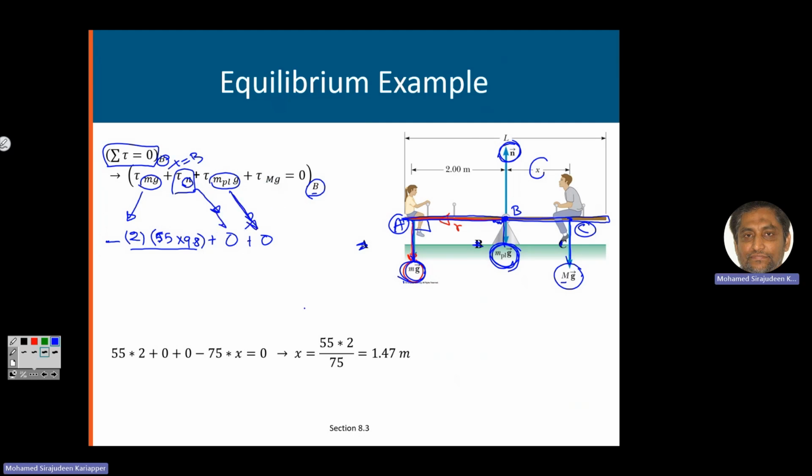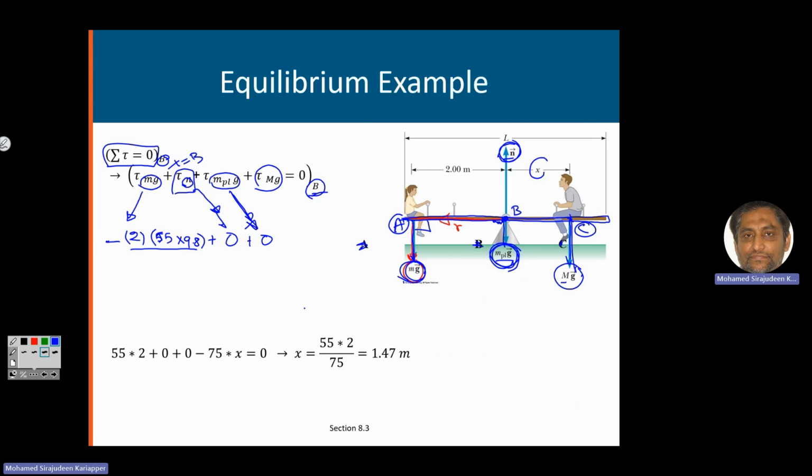So although I don't know what this is, I am saved, because I don't have to worry about their values, because I am taking the torque about the point B. Now you know the answer why I chose B. I don't have to worry about not knowing the values of N and the mass of the plank. Okay, so good. And what about this one?